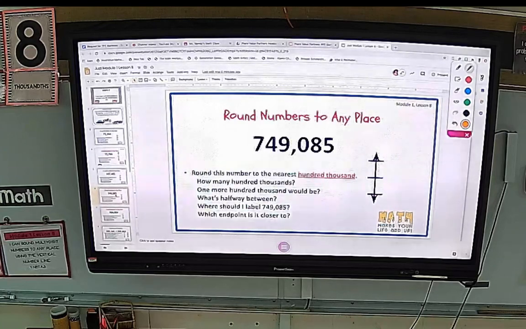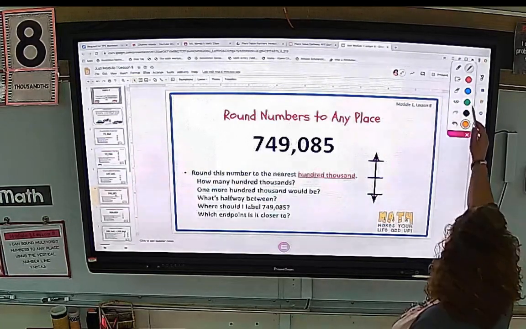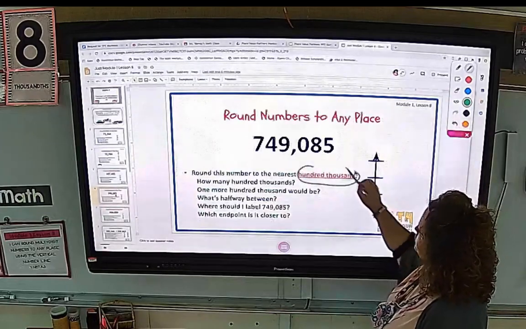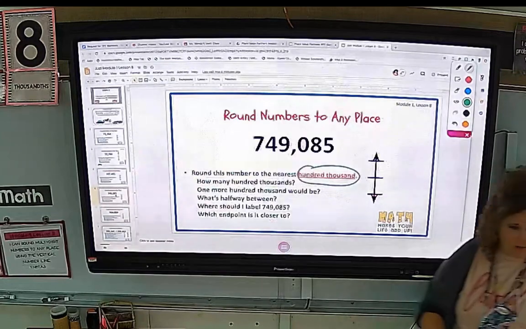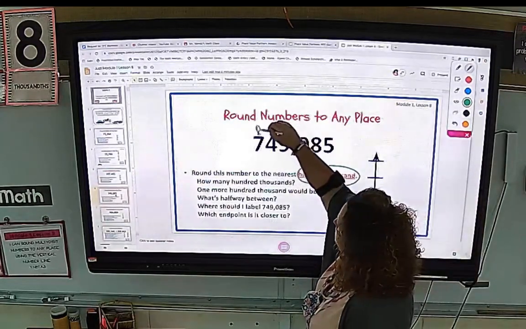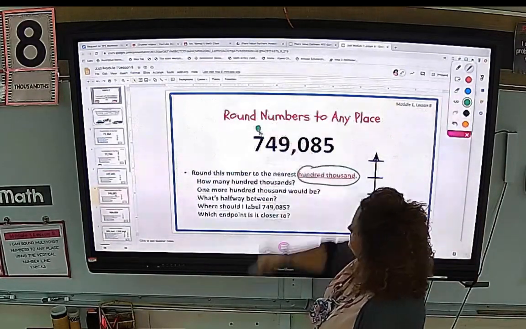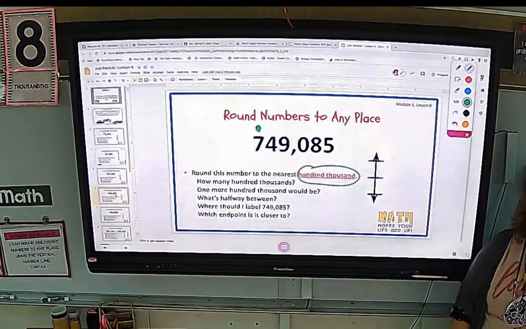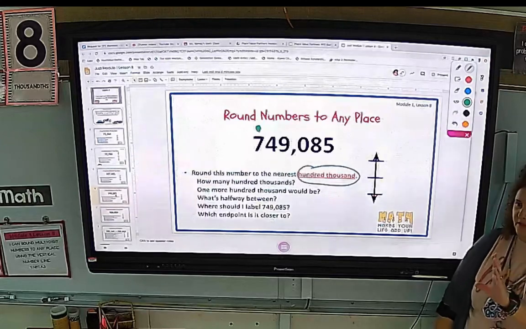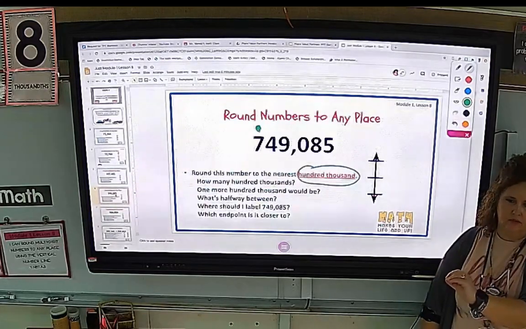Now I'm doing what Reagan said. I'm paying attention to what we're rounding to, and this time it has changed again. We are rounding to the 100,000s place. So right now, I'm going to put a dot over that 100,000 place. I'm going to focus on that. Now this question is a little simpler for folks to answer.